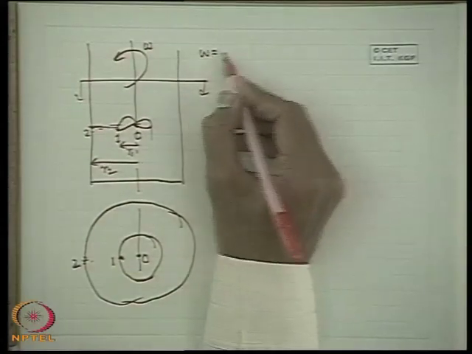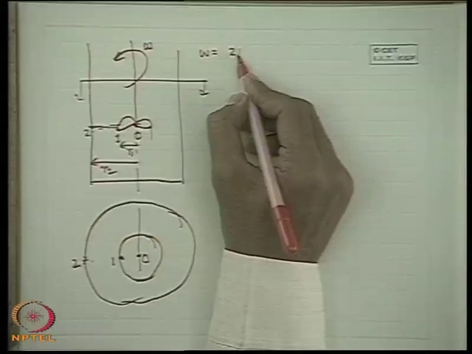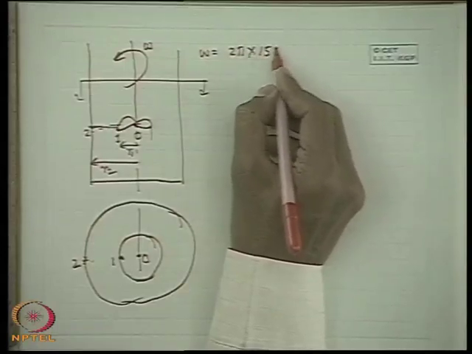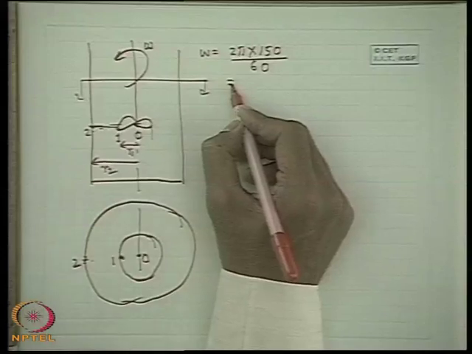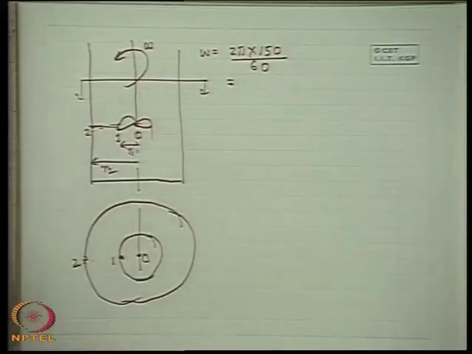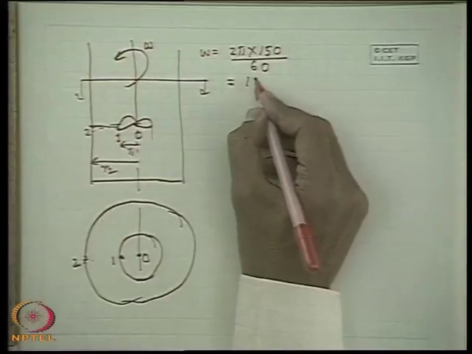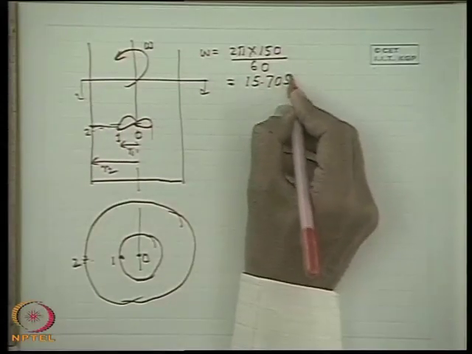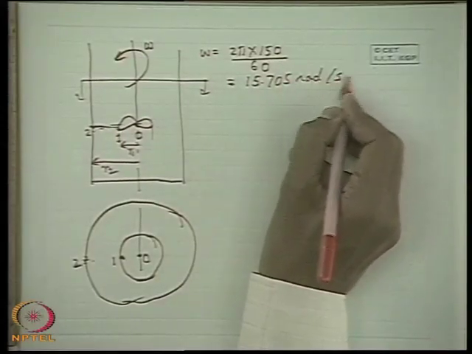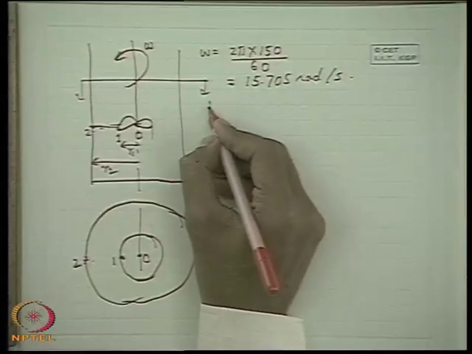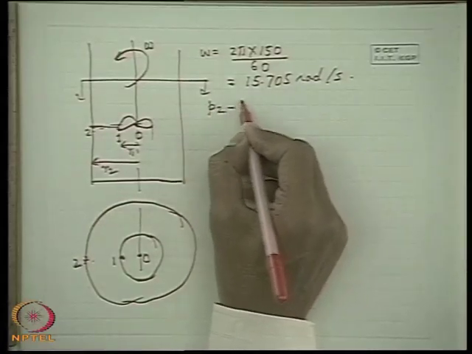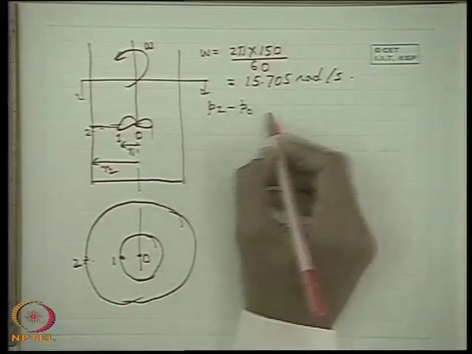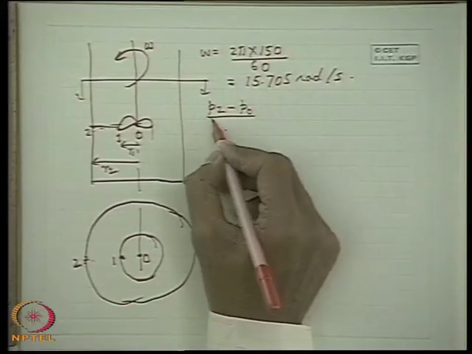Omega is 150 rpm, that means 2 pi into 150 by 60, which comes out to be 15.705 radian per second.